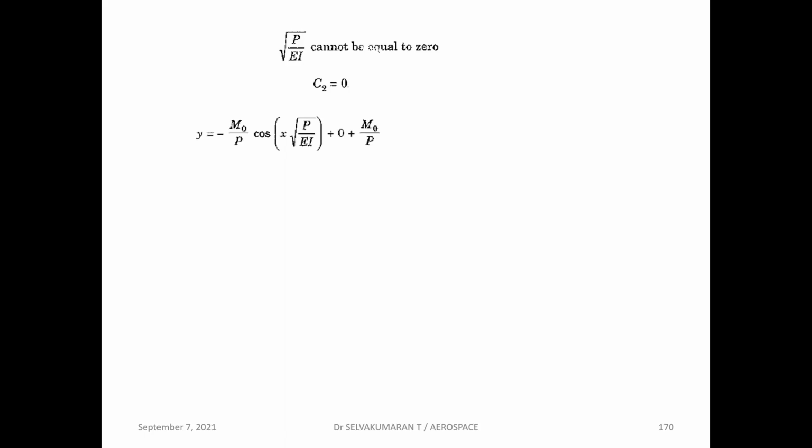So substitute the values of C1 and C2 in the deflection equation, you get this. At the B end, the other end of the column, x is equal to L, y is 0. Substitute the values of x and y in this expression.